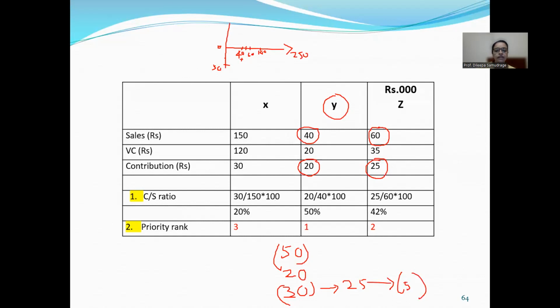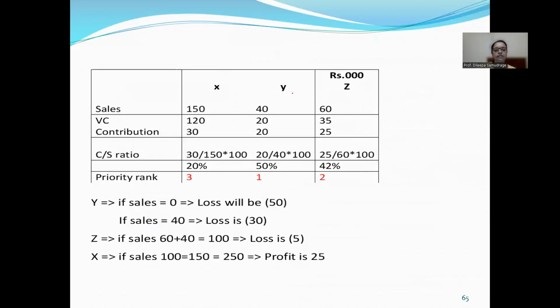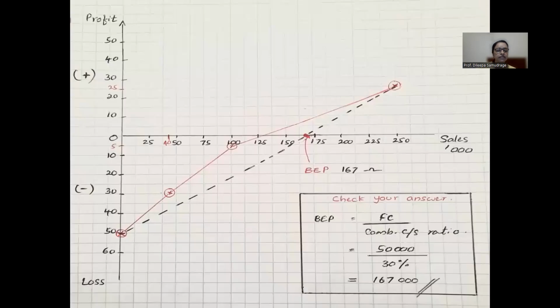So that one you have to mark at this point, at 100, a loss of 5,000. So you can see this is 50, this is 30, this is at 100 level 5,000. Mark that one. Using a ruler, you have to mark here to here and then here to here. Okay?